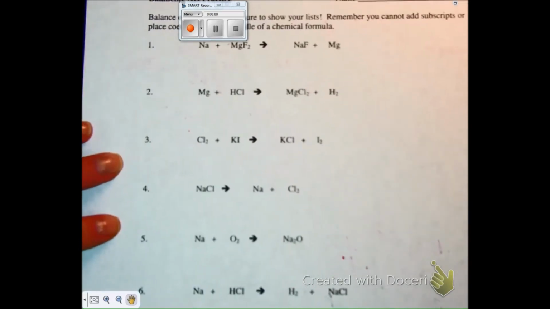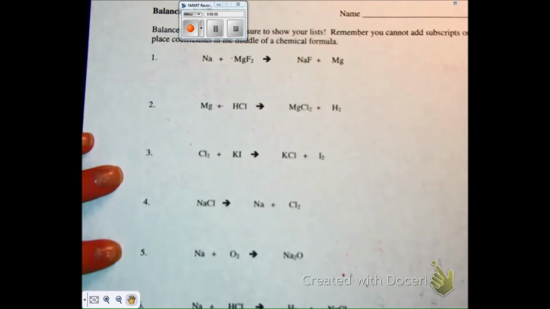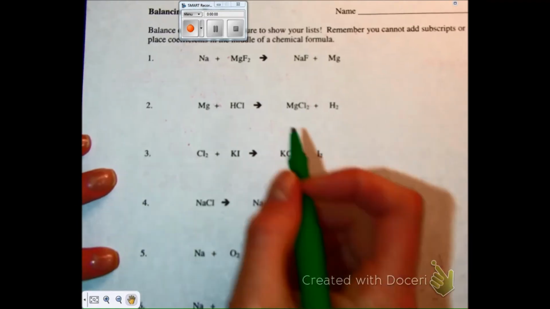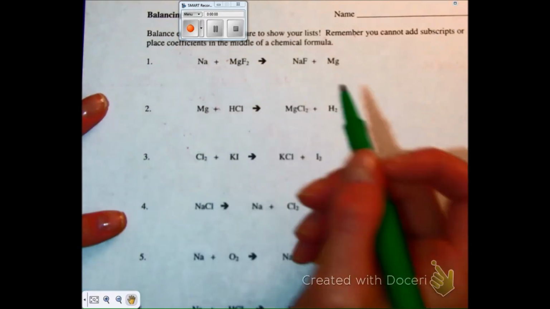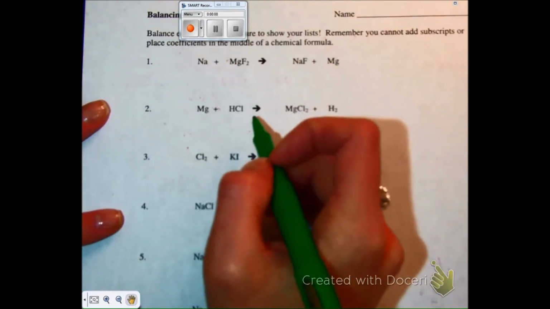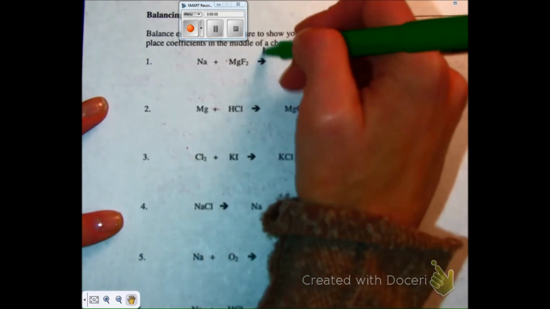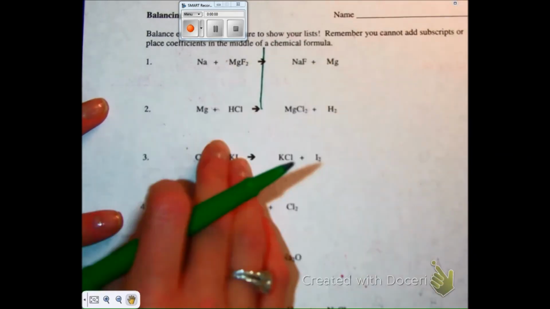Remember, you start by counting your atoms. But since they didn't provide you with a space to do that, you will need to show your work, which just means show me your counting of atoms. And you know what I like to do sometimes? I draw a line through the arrow so that I separate my reactants and product side.